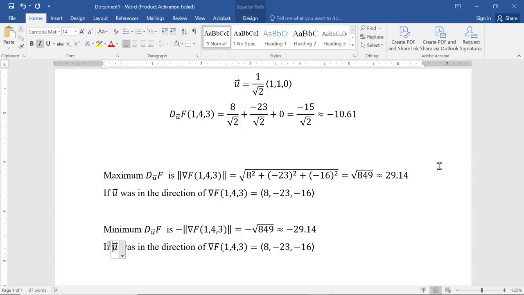And that would happen if u was in the direction of the opposite of the gradient. So in the direction of, let's say, negative 8, positive 23, positive 16.